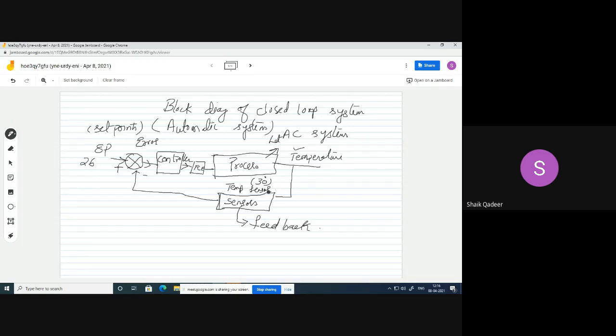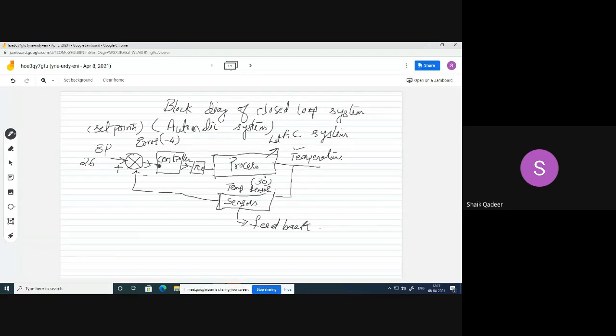So observed value is 30 degrees, set value is 26 degrees. Any difference are you able to see? Yes, sir. What is that value? 4 degrees. -4 degrees, that is important. -4 degrees is the error value observed.